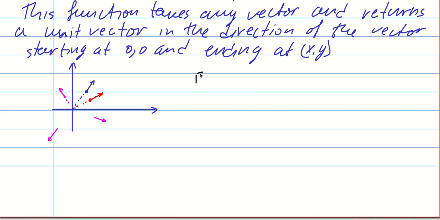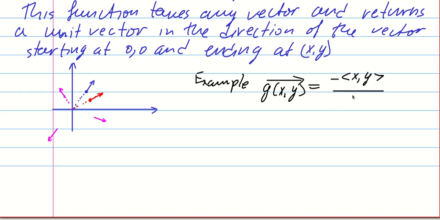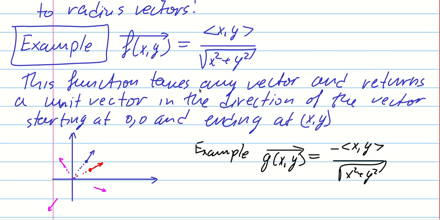All right, if we look at a different example, if we take a function g of xy to be negative xy over the square root of x squared plus y squared, it is very similar to this one, but it has a minus here. So what does it mean?